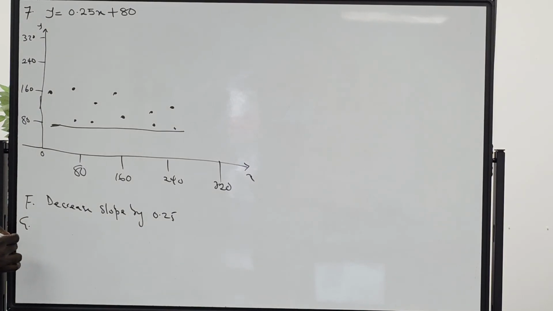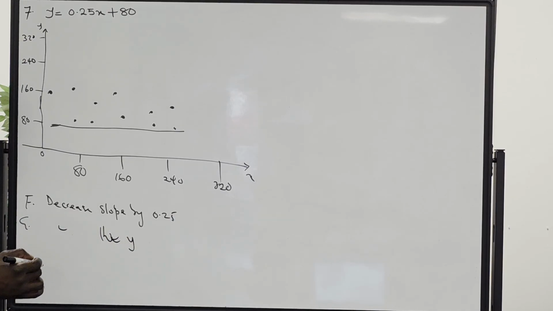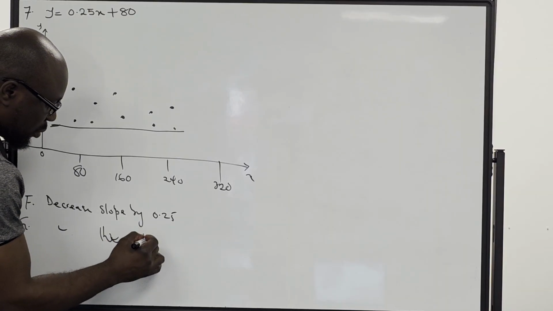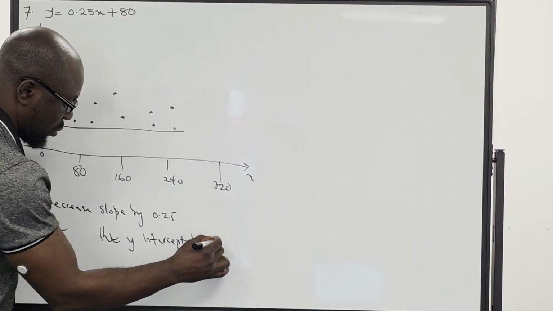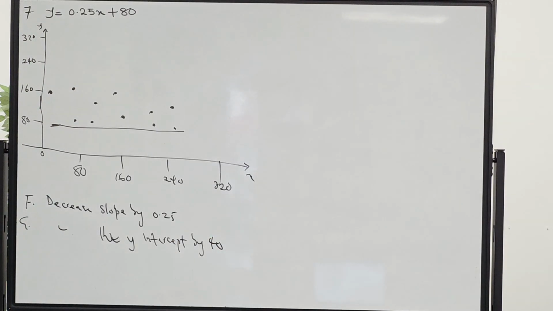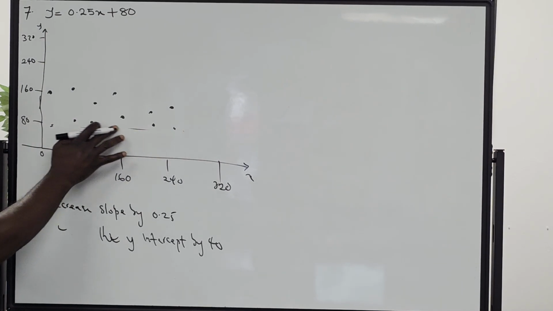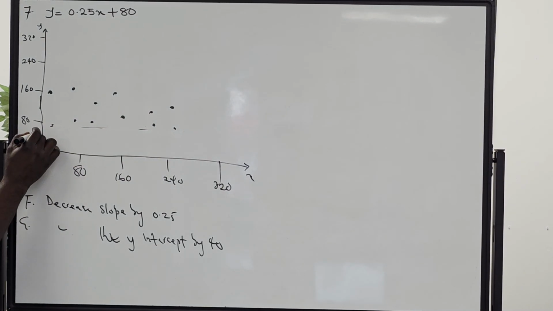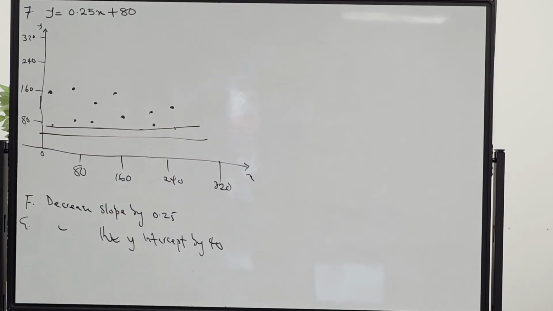Option G, decrease the y-intercept by 40. If you decrease the y-intercept by 40, which means that this line is going to start somewhere around here, then it's going to be all miss. Now we have it here where at least two of them is being touched.